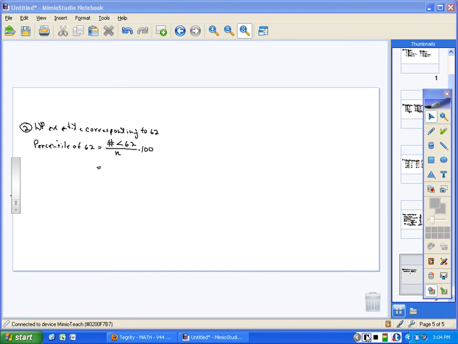And it turns out that 7 of the numbers are less than 62. There's only 2 numbers that are higher than 62, and that's the 67 and the 74. So the numerator here is 7, the denominator is 9, and you have to multiply that by 100.